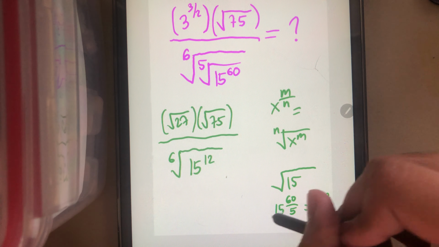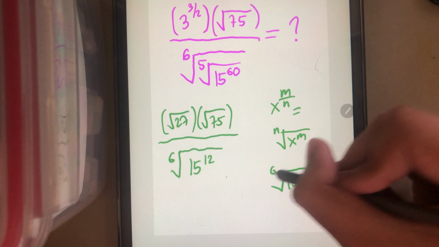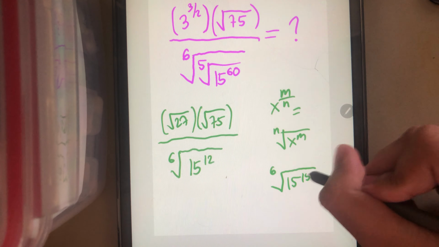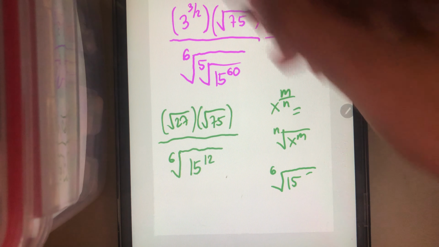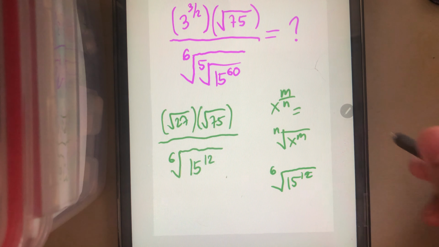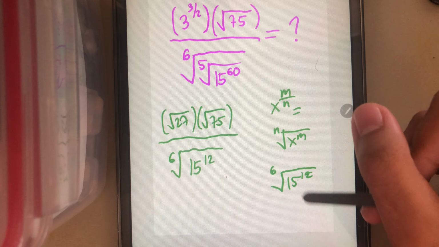And now let's modify. It now becomes 6th root of 15 power 12. Not 15, but 12 rather. Sorry for the mistake. Our n is 6, our m is 12, and our x is 15.